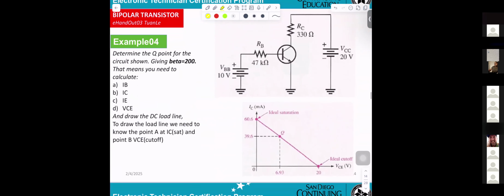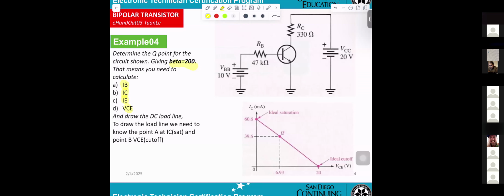Now, example number 4. What do they want? They want to determine the Q point for the circuit. Given beta 200, that means you need to calculate IB, IC, IE, VCE.